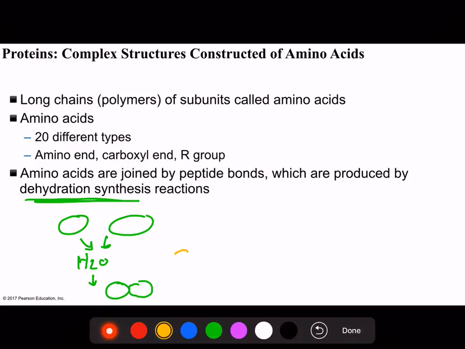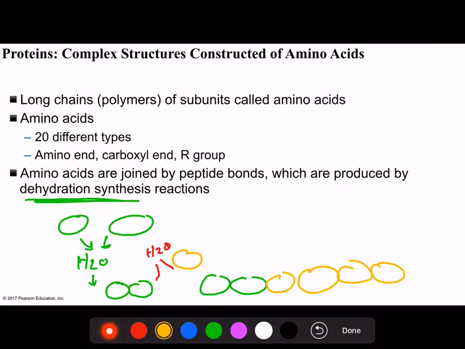If there is a third amino acid, we will take H2O out, and the three together will be joined, and so on. And eventually we will get a long chain of these amino acids, a repetition of different types of these amino acids. And these are the proteins.